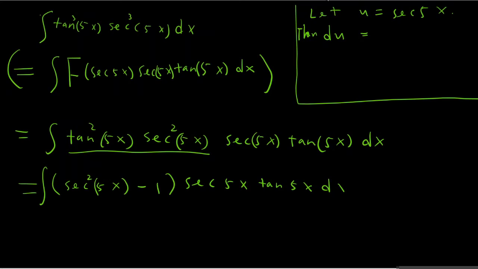When I said u, I meant 5x. Sorry, I was using one notation for two things, but I'm not going to write this u. It doesn't matter now. Anyway, the derivative of secant of 5x is secant of 5x times tan of 5x. So do not forget, you have to use the chain rule. You have a number of 5 in here.